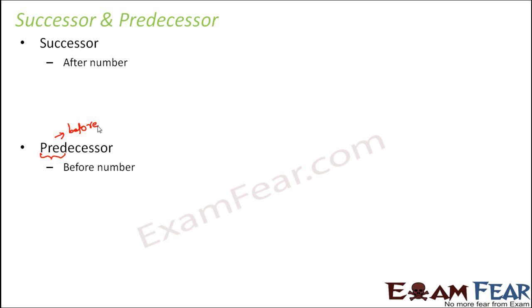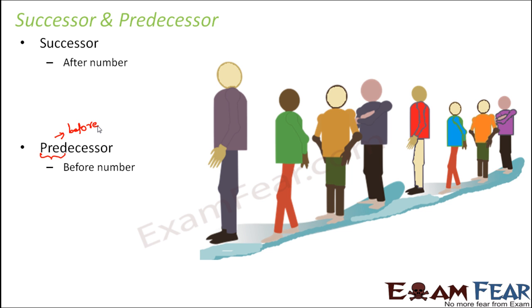So let us understand the concept of successor and predecessor using this example where people are standing in a queue. So here if you look at this guy wearing green t-shirt. So this boy is standing after the one who is in purple t-shirt.